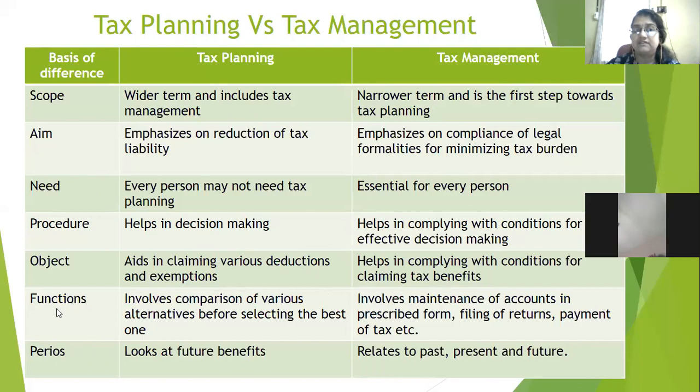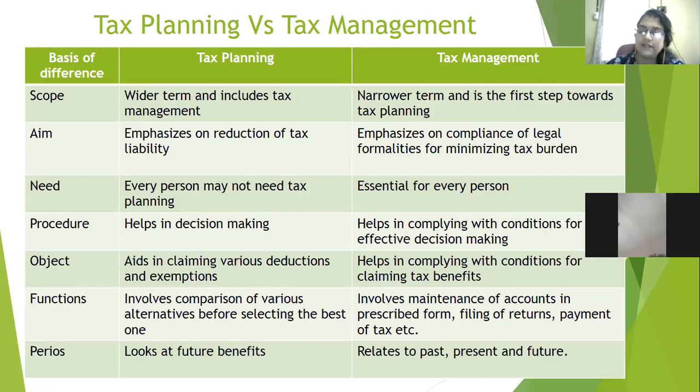The function of tax planning is a comparison of various alternatives before selecting the best one. Like if you have long-term capital gain, and we have discussed earlier, there are many methods of reducing it. The first and foremost is that you can directly pay a tax of 20% if it is long-term, and 15% if short-term.